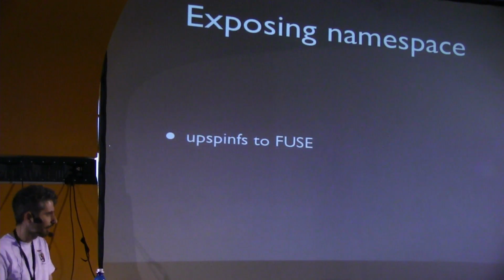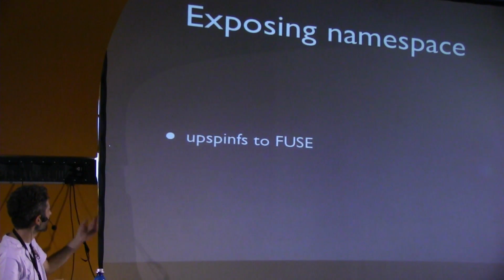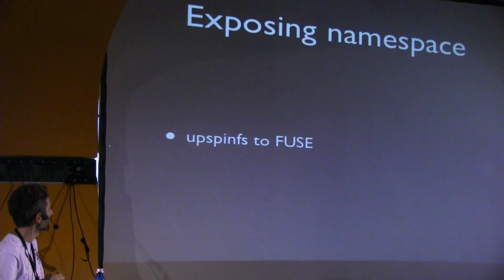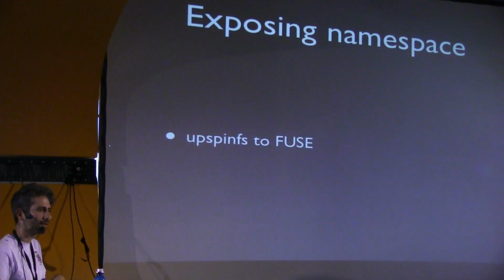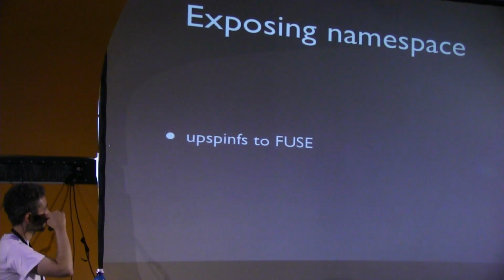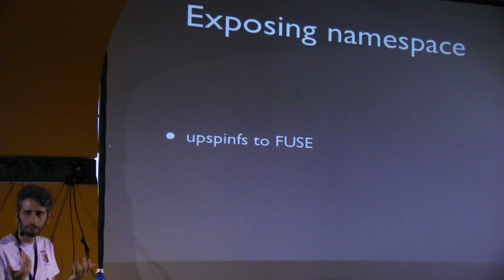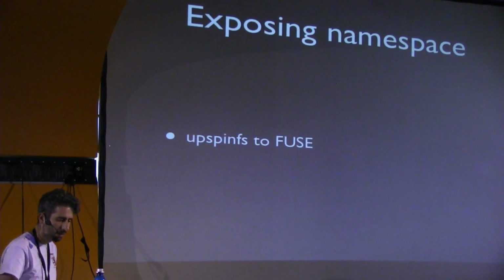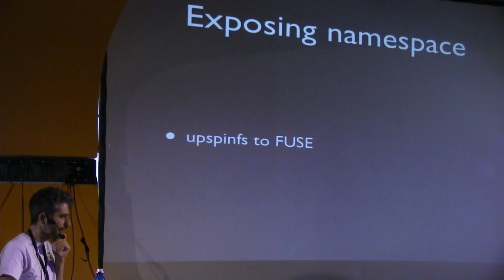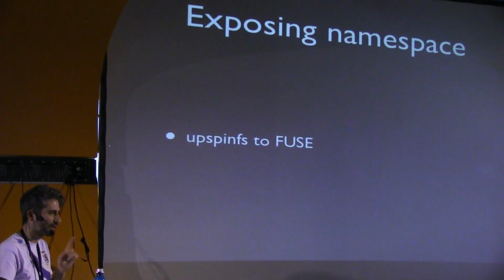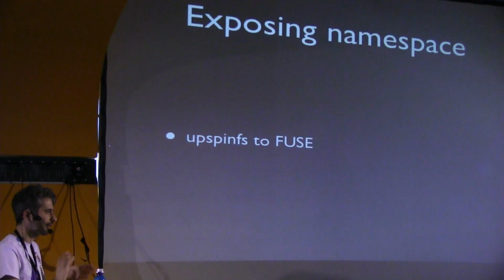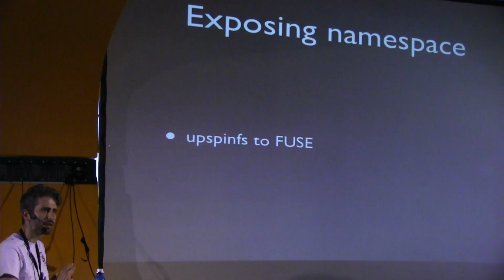On the actual client side, you have this upspin FS utility which talks to Fuse and exposes the file system to the host OS, so you can integrate it with your desktop environment. And I guess this is also going to be an interesting challenge for doing this on NetBSD, because from my limited knowledge, our Fuse implementation is different to other operating systems.